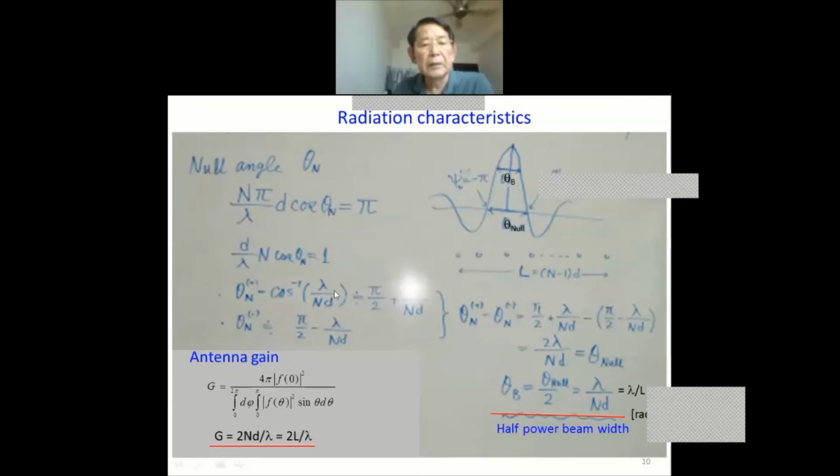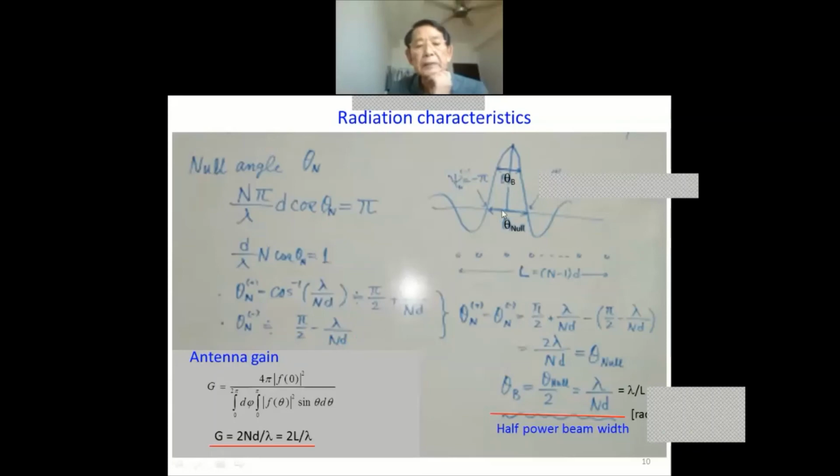So if this is smaller, then this one angle is 2 pi plus lambda divided by mt, and the minus angle is 2 pi minus.